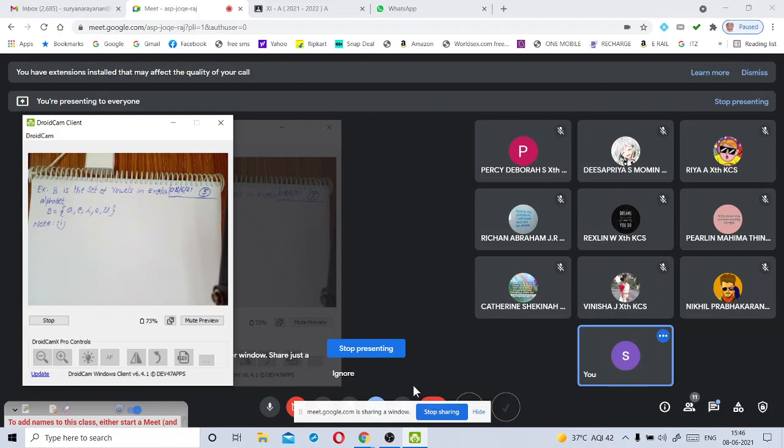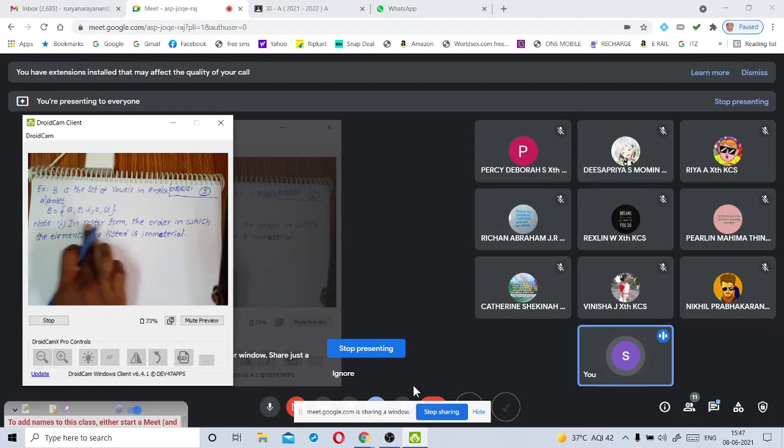When you are representing a set in the roster form, the order in which the elements are listed is immaterial.